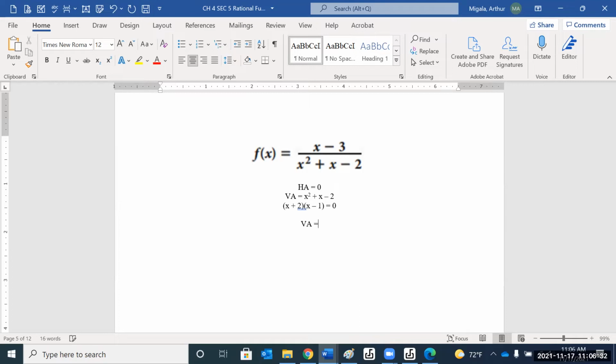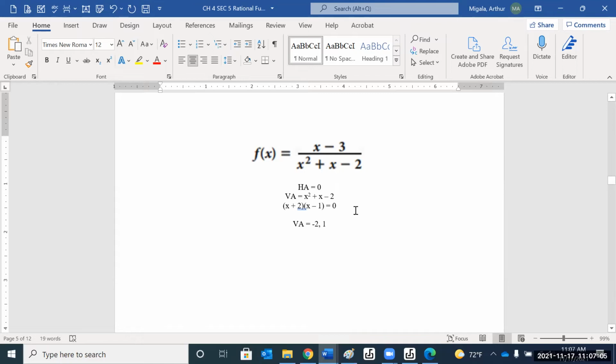So our vertical asymptotes are at -2 and +1. Since there are more x's on the bottom, the horizontal asymptote is 0. For the vertical asymptotes, we factor out the bottom and set the factors equal to 0.